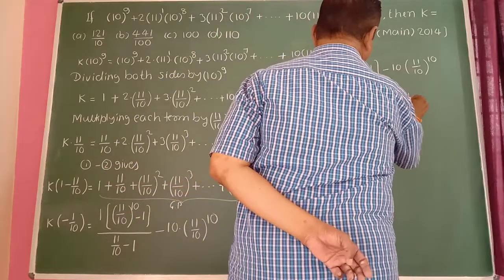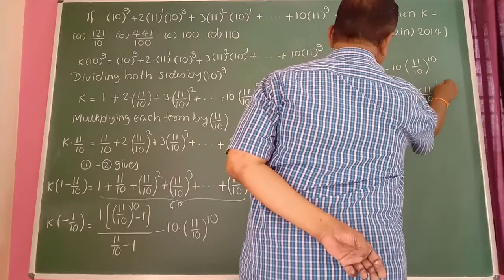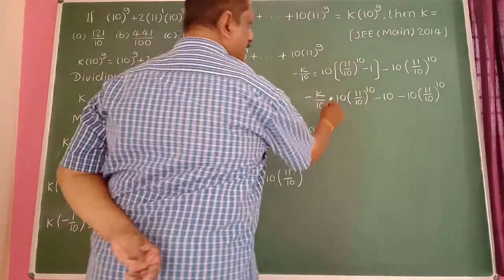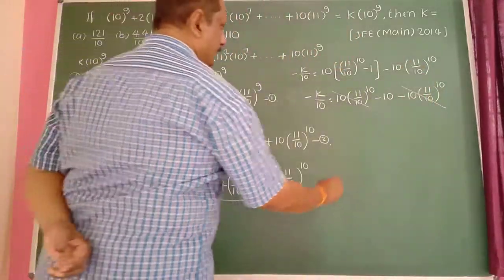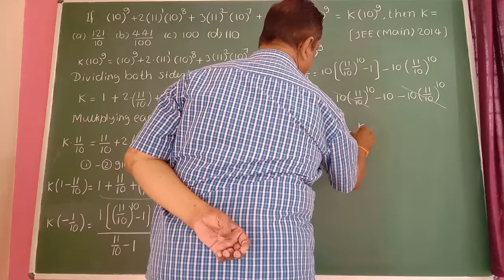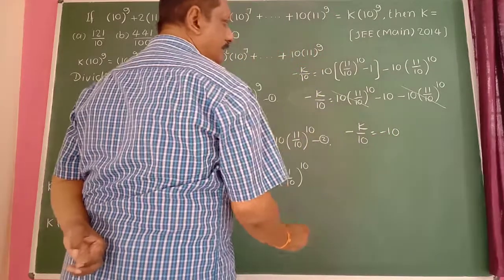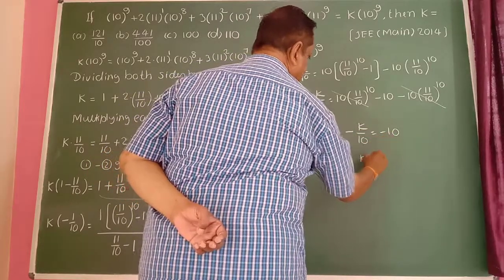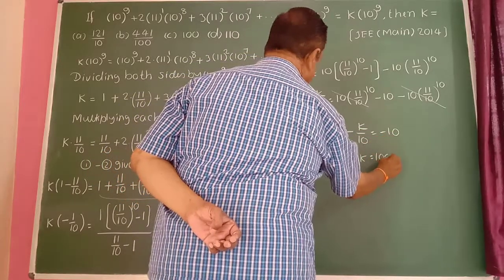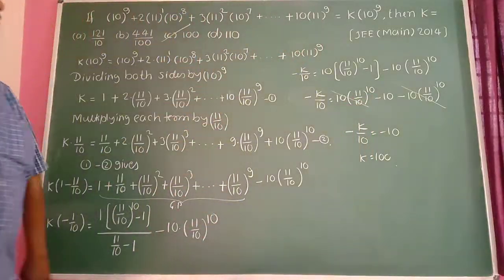Then minus 10 into (11 divided by 10) raised to 10 here. Here this term and this term get cancelled. Therefore, minus k by 10 is equal to minus 10 here. Left side minus, right hand side minus become plus here. Take the 10 to that side here. So k is equal to 100. Therefore, C is the answer here. k is equal to 100.